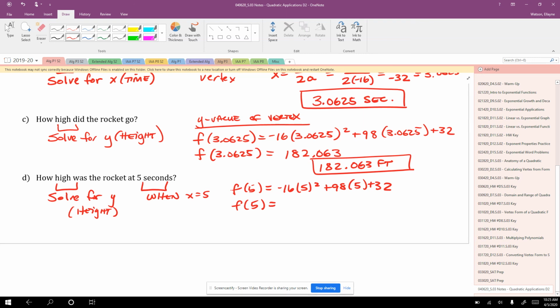And we get, I think I typed it wrong. I actually dropped that negative. Make sure you don't drop that negative at the beginning. We had 122. So at 5 seconds, it was 122 feet.